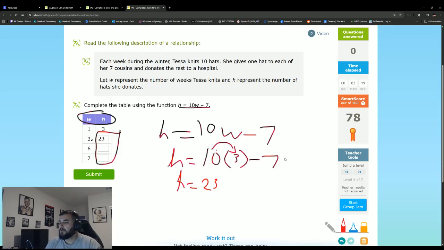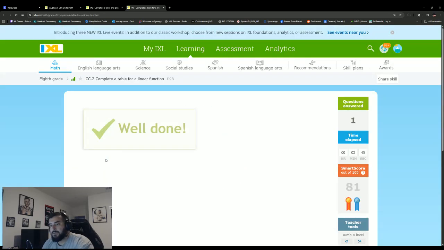Next one, let's put a 6 right there. 10 times 6 is 60, minus 7 is 53. So I put a 53 right here. And nice thing is you can use a calculator on this, right? Even on the state test, which is nice. Put a 7 right here. 10 times 7 is 70, minus 7 is 63. And there's your answers. Just like that.